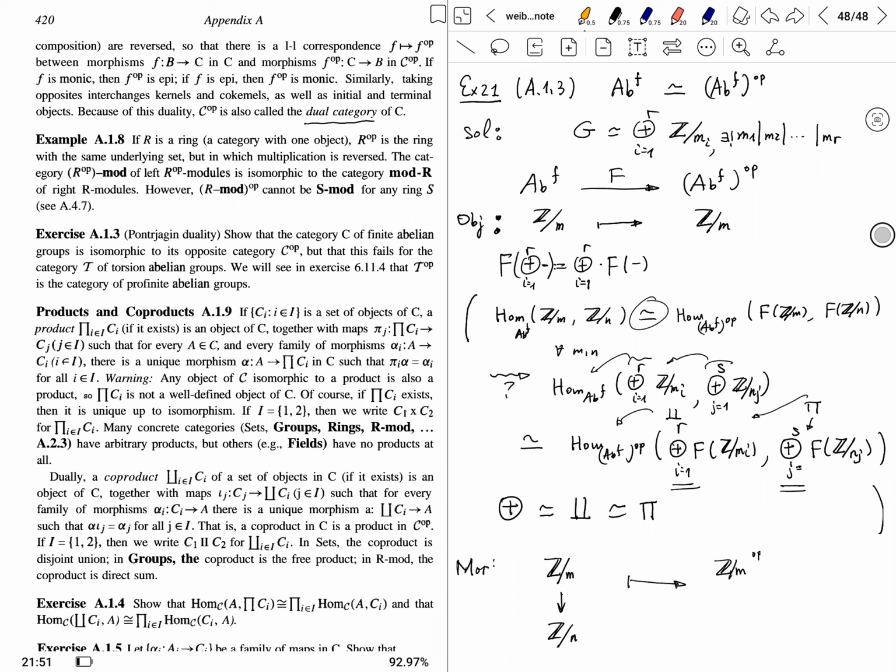You could write this if you want. Yeah, it's just this, which means the morphism identifies under the bijection of hom sets between the category and its opposite.